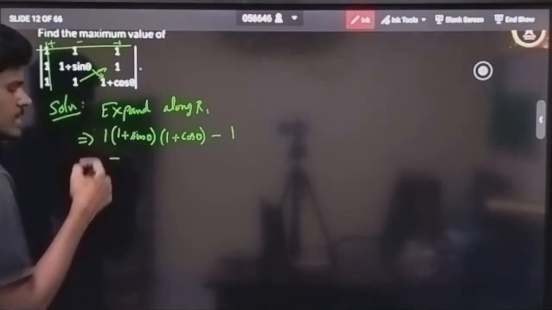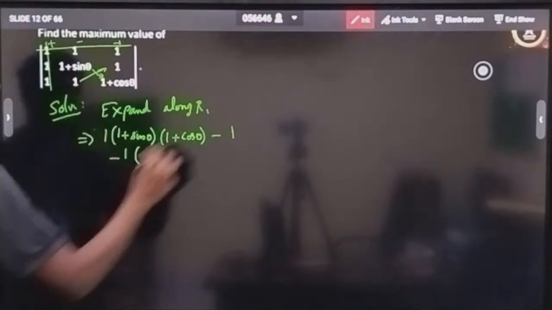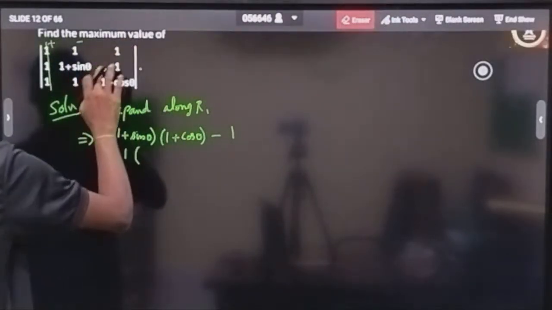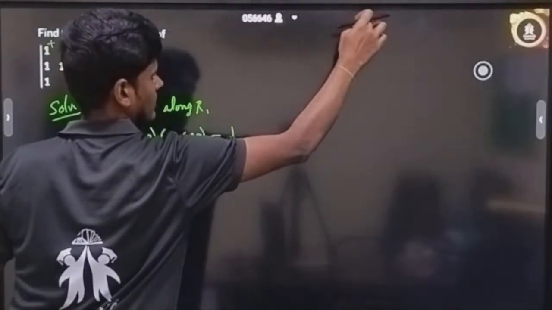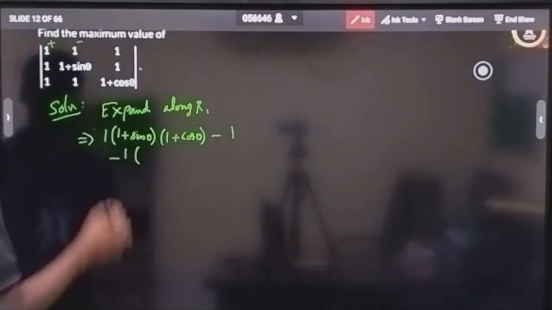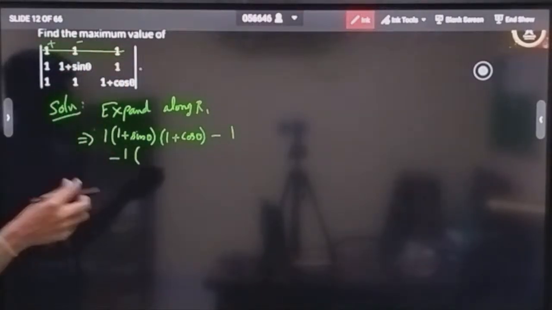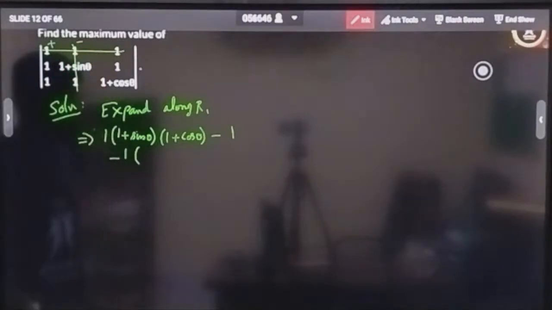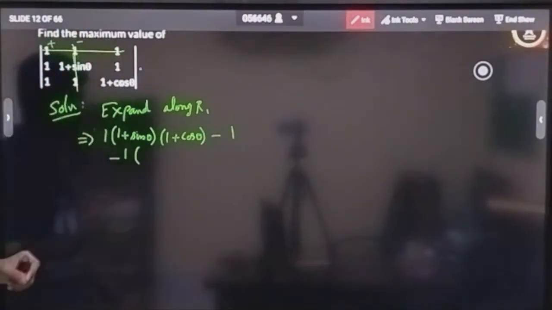So the next element is negative of 1 into, now what do we need to do? Next we should leave the row and column in which the second element is present and write the submatrix of the others. So leave the first row and second column, and multiply the other two elements.